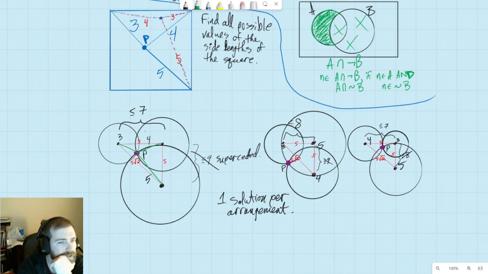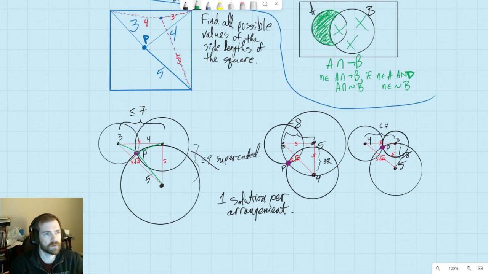Can we construct these triangles using the law of cosines? We're going to have two unknowns, the side length and also the angle. But I think this is one of the reasons why it's challenging.